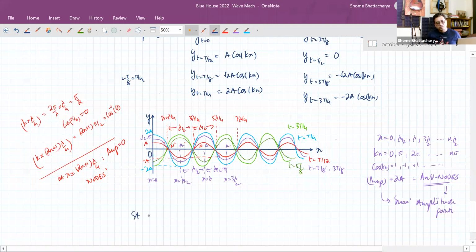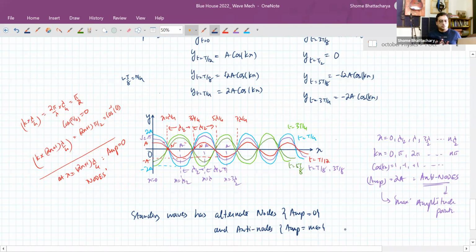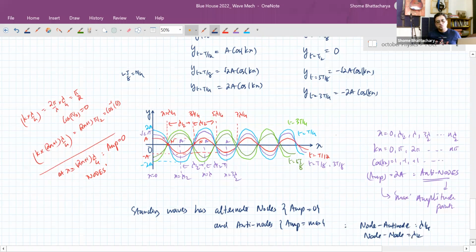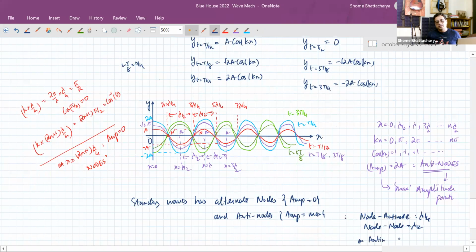So the standing wave has alternate nodes where the amplitude equals 0 and antinodes where the amplitude is maximum, such that node to antinode the distance is lambda by 4, and node to node is lambda by 2, or antinode to antinode the distance is again lambda by 2.